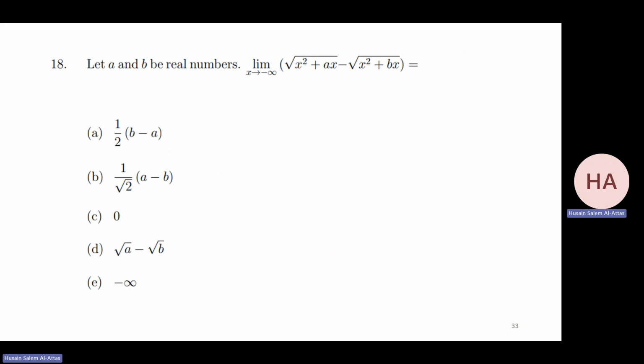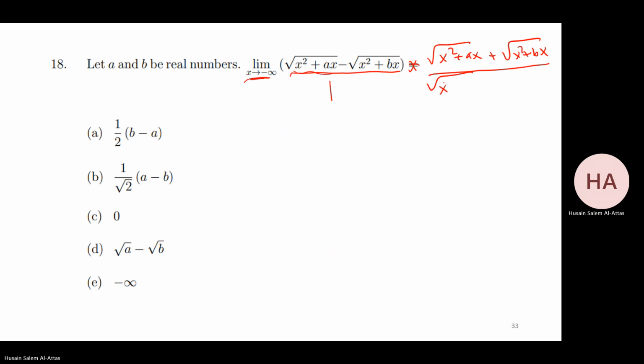Let a and b be real numbers, who cares? Then this limit will be what? If we substitute, you have infinity minus infinity, so you cannot do it. So you need to do what? Rationalization. But you need to be careful with a or b. It's not that difficult, but be careful with the calculation. That will be limit x goes to minus infinity.